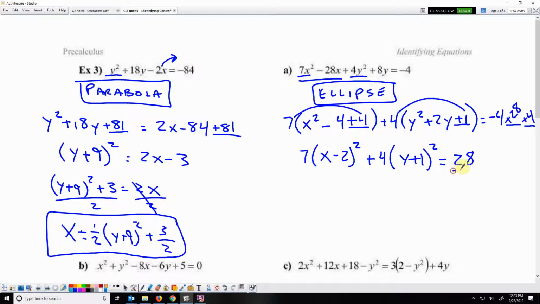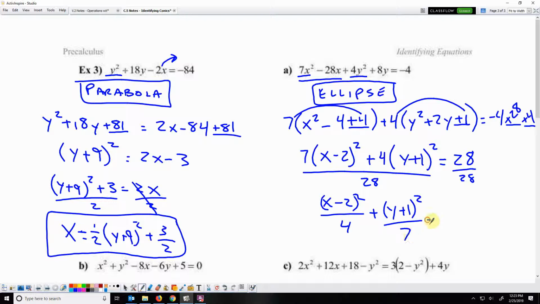And then the last thing I need to do is divide every term by 28. So 7 over 28 is 1/4, so x minus 2 squared over 4. 4 over 28 is 1/7, so that's plus y plus 1 squared over 7 equals 1.